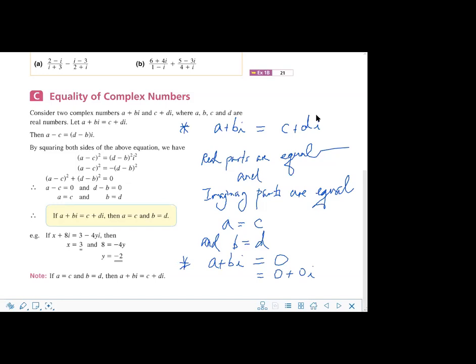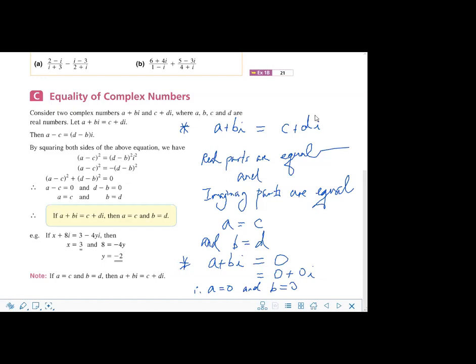So if the complex number a plus bi is equal to 0, then we may say that a is equal to 0, and b is also equal to 0.